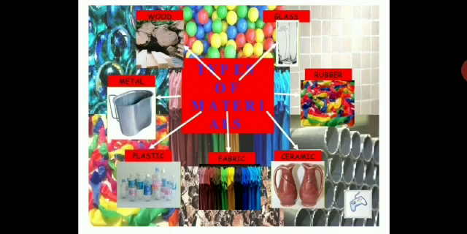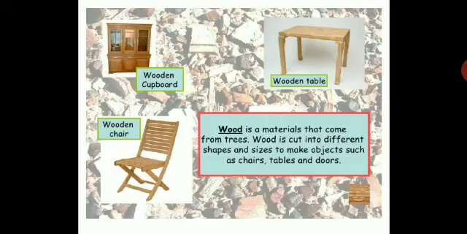You can see a metal container, a log of wood. You can make different objects with wood. Glass also you can use to prepare different objects: glasswares, window panes. A balloon is made up of rubber, and you can prepare many other things with rubber. We will see in this session now what else we have.